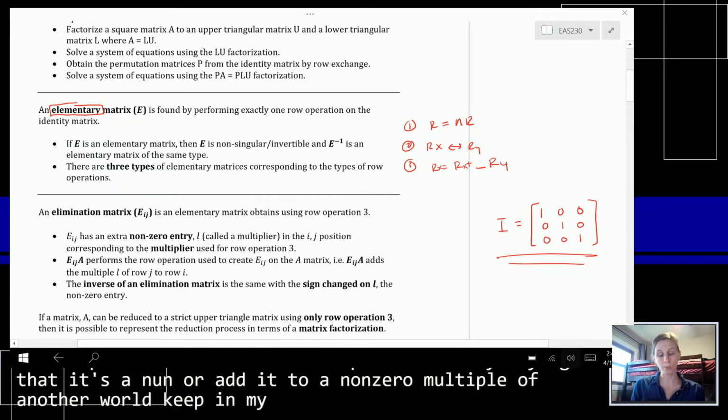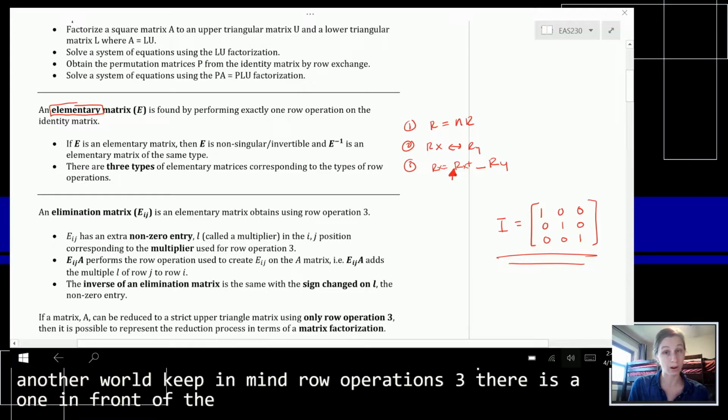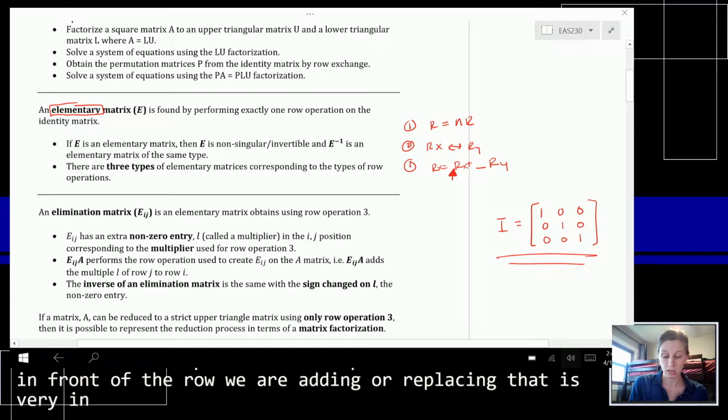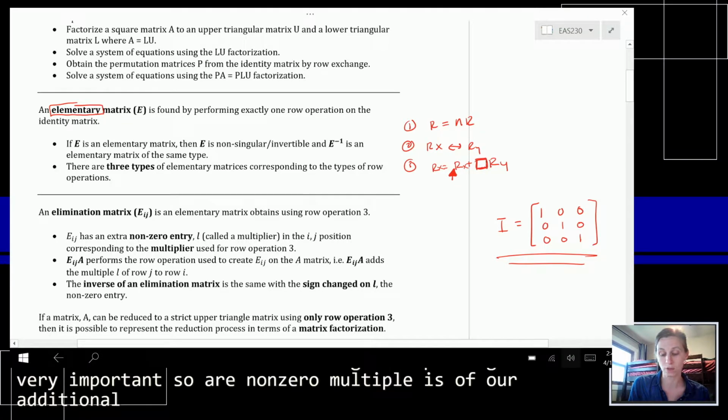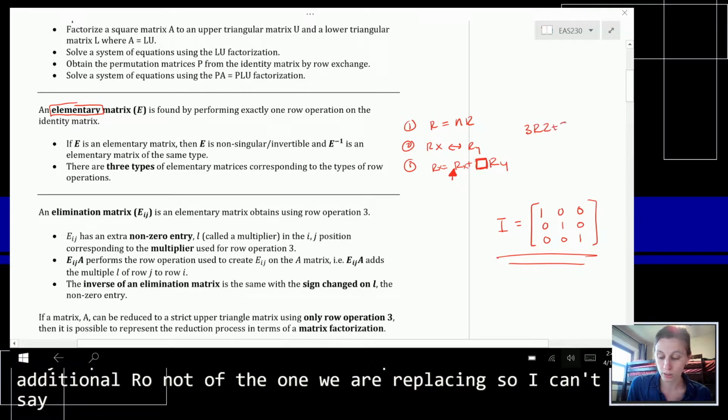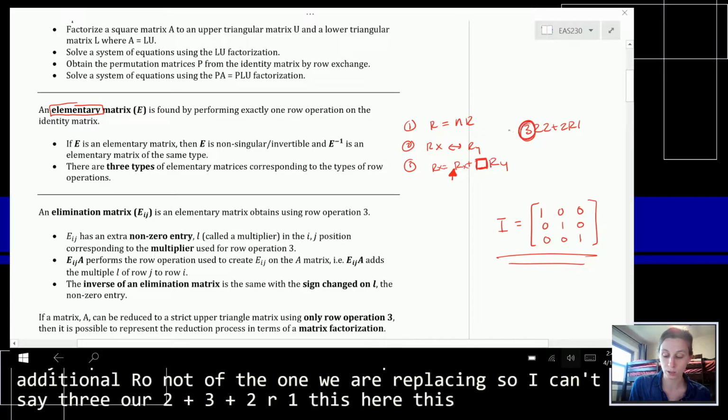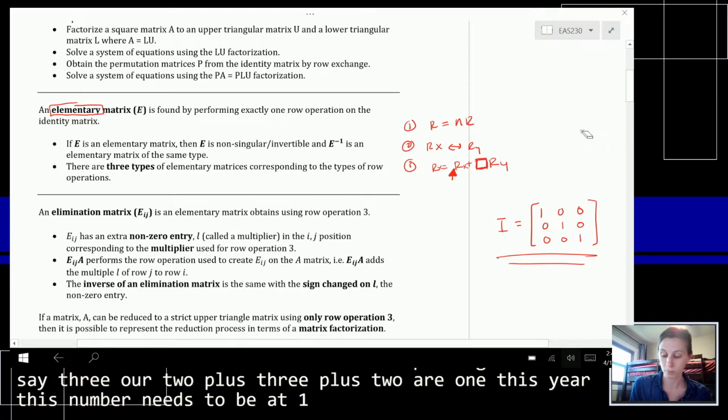Keep in mind, row operation 3, there is a 1 in front of the row we are replacing. That is very important. So our non-zero multiple is of our additional row, not of the one we are replacing. So I can't say 3R2 plus 2R1. This number needs to be a 1.